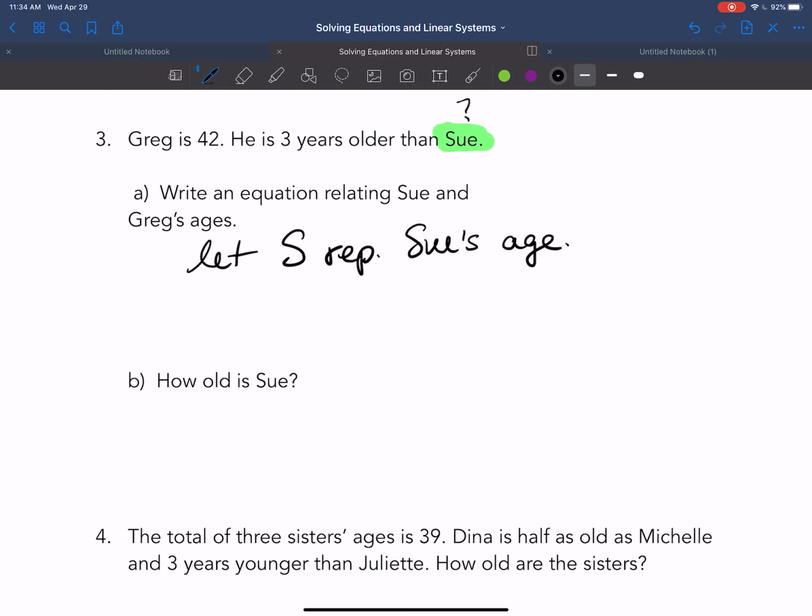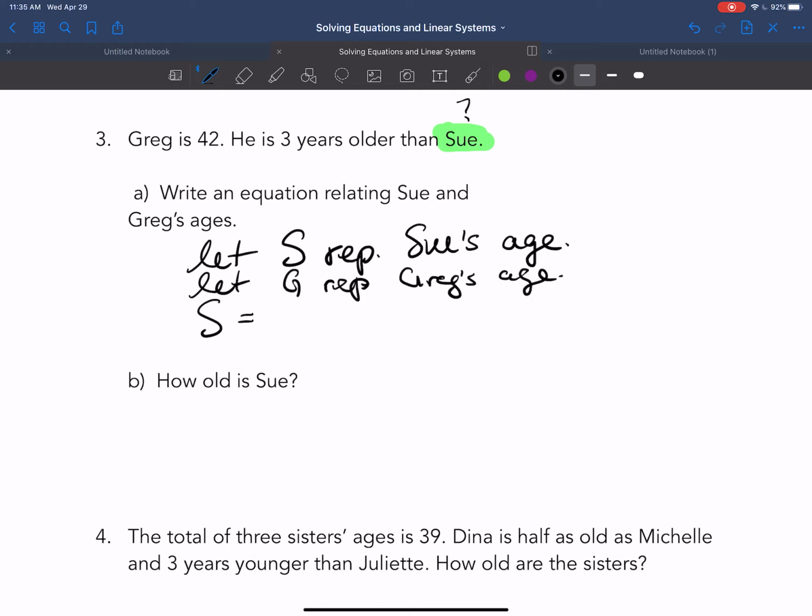So Sue is equal to Greg's age minus 3. Now, I could put 42, but that's not really an equation with variables and stuff. So I'm also going to do, in this case, a variable for Greg, but then we're going to substitute it in. So just to make it make sense, let G represent Greg's age.